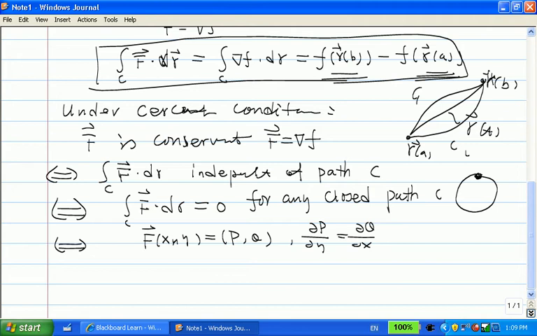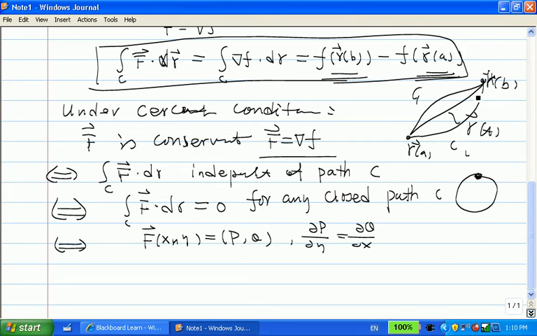So let me say that again. The following things are equivalent under certain conditions. First, F is conservative, meaning capital F can be written as the gradient of small f. You are able to find a small f such that it's true. If this is true, based on the fundamental theorem for the line integral, to find this line integral, what you need to do is find small f and evaluate at the starting point and end point.